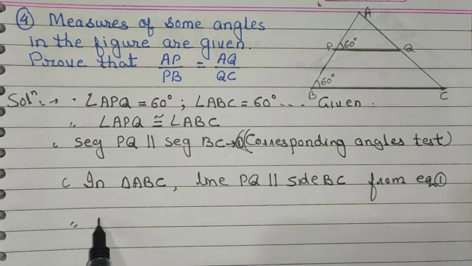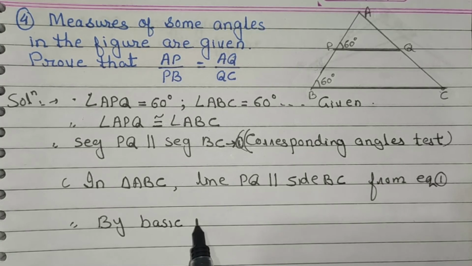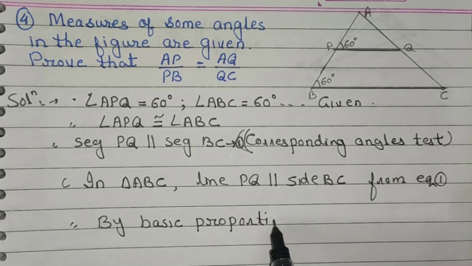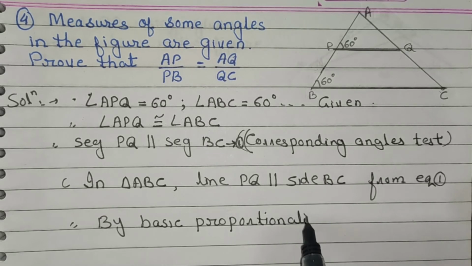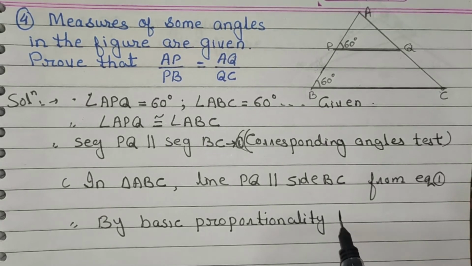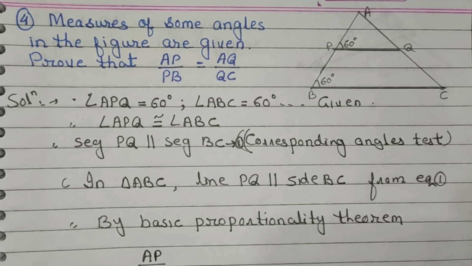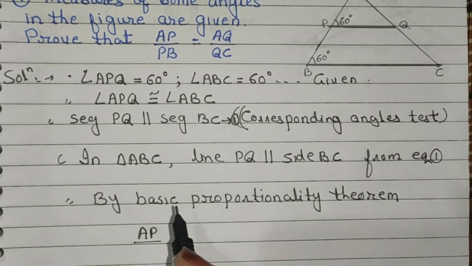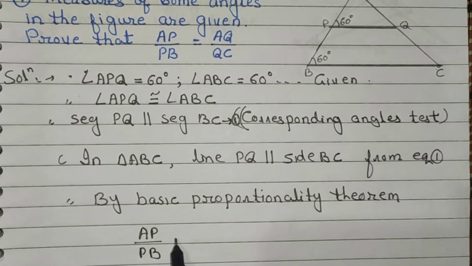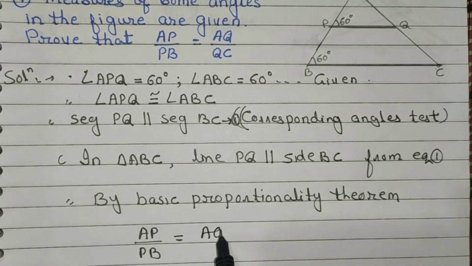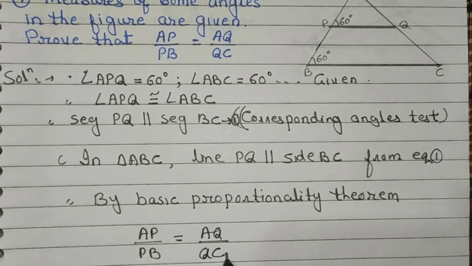Therefore by basic proportionality theorem, AP upon PB is equal to AQ upon QC.